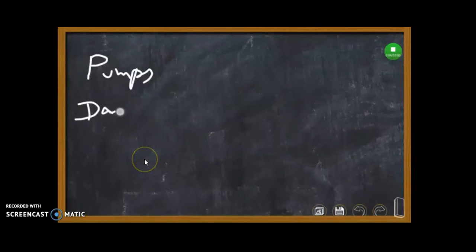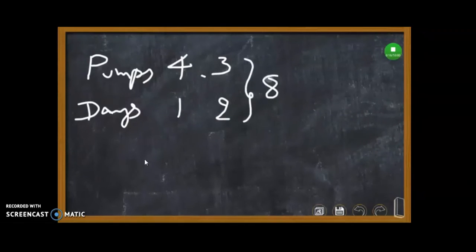So let's see how to solve this problem. Let's write like this: number of pumps and number of days. 4 pumps can empty a tank in 1 day and 3 pumps can empty a tank in 2 days. So in how many hours do 4 pumps need to work to empty a tank in 1 day? We know 8 hours is required for 3 pumps to empty in 2 days, and let's take the other value to find out as x.